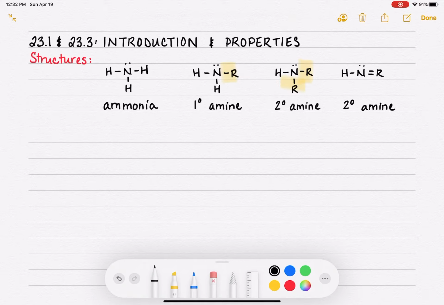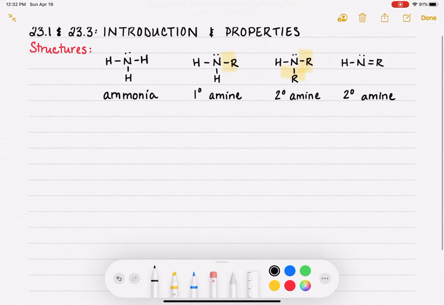Sometimes it's easier to classify primary, secondary, tertiary based on how many hydrogen atoms there are on the nitrogen. So 3 nitrogen-carbon bonds with no hydrogens at all, we would call that a tertiary amine. And again, that could be like a double bond with a single bond or whatever.